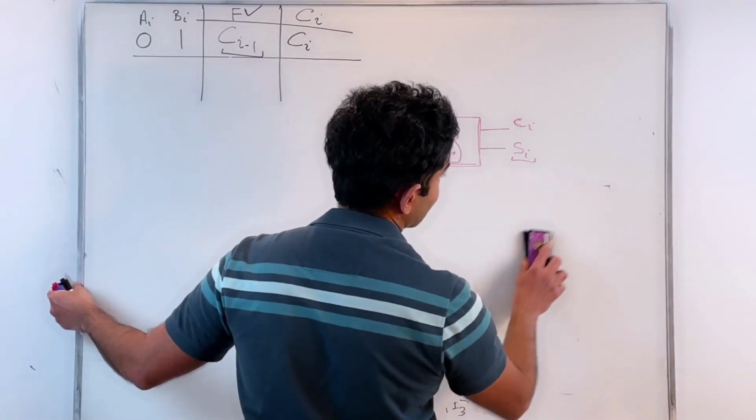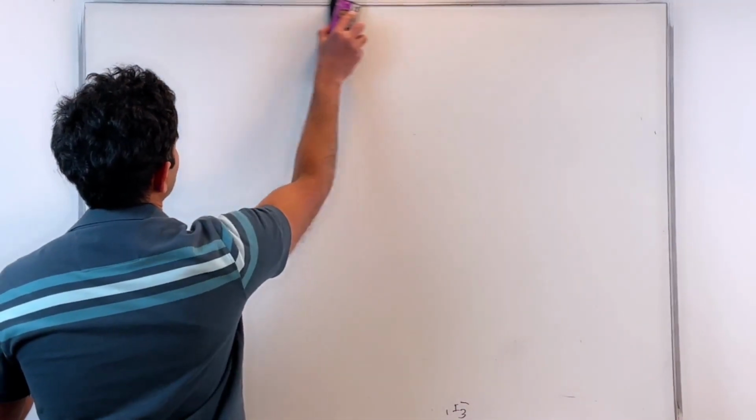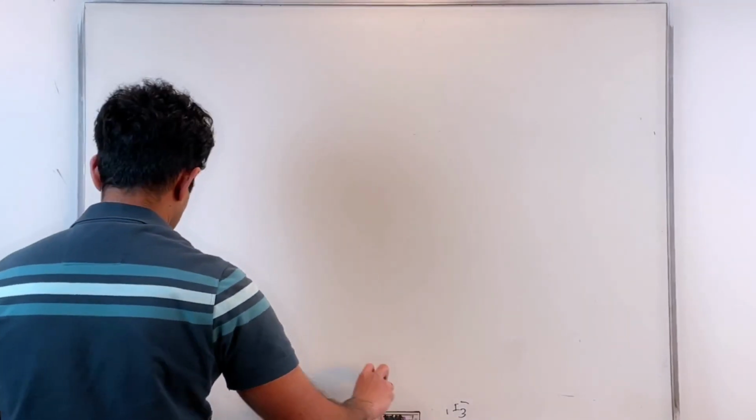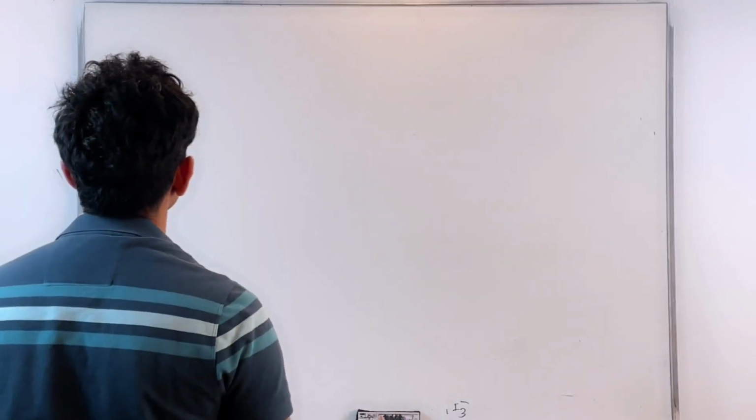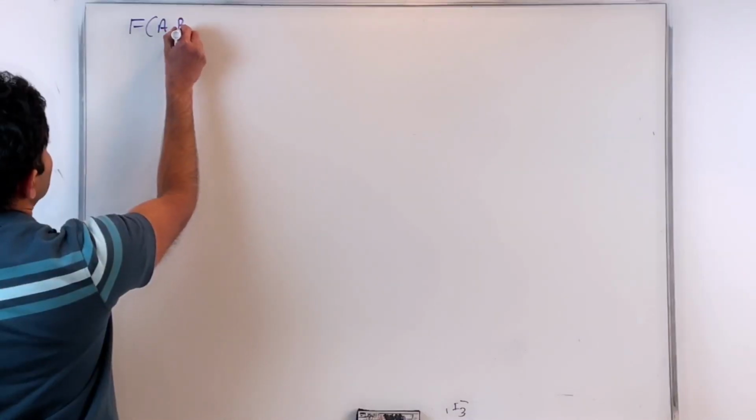So now we have looked at a simple example. Let's take another example where we are given a function. Let's say you're given a function f of a, b, c, and d.